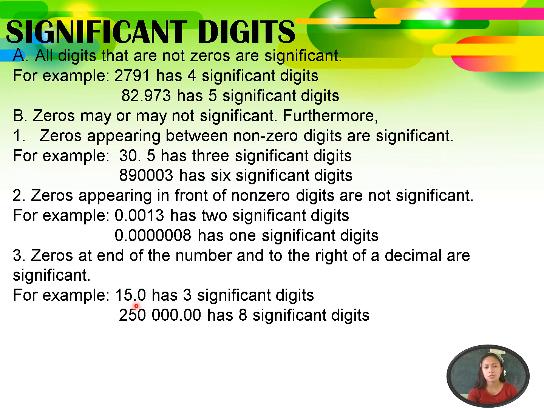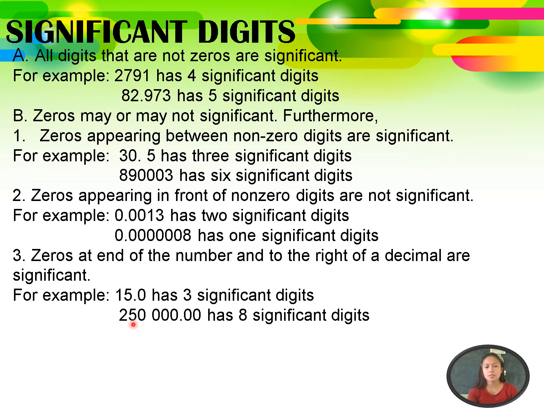So here is now the decimal point, and to the right of that is 0. So this 0 here is considered as significant. So for this example, 15.0, it has 3 significant digits. We have 1, 2, and 3.